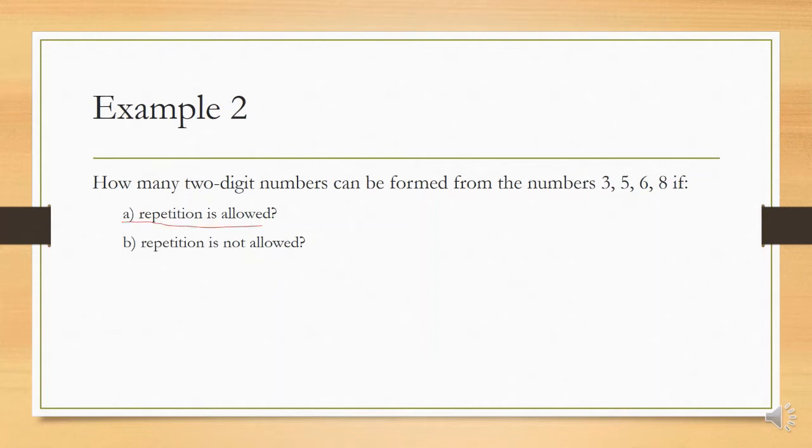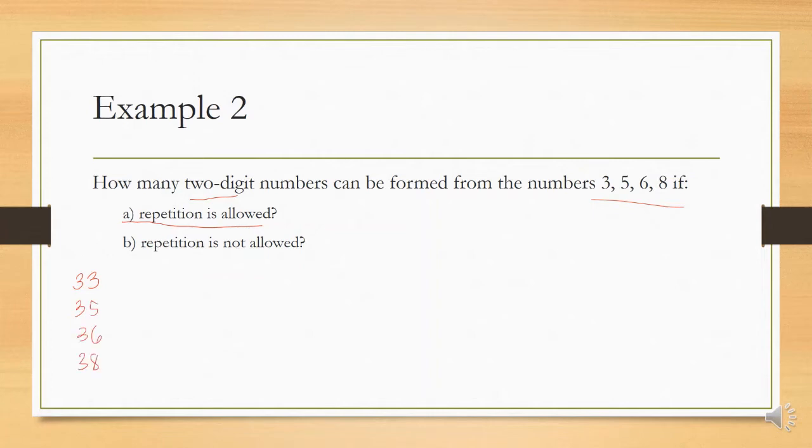Ibig sabihin, pag repetition is allowed, kung magbubuo tayo ng 2-digit numbers, pwede tayong mag-ulit na gamitin yung 3 and 3 from here. Kasi 2 digits daw, no? So, 3, 3, 3, 5, 3, 6, 3, 8.